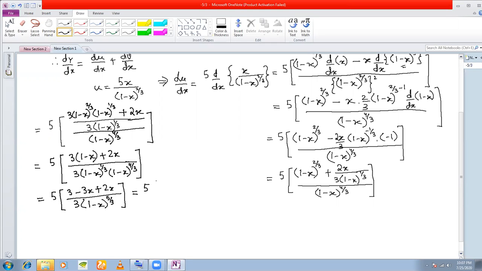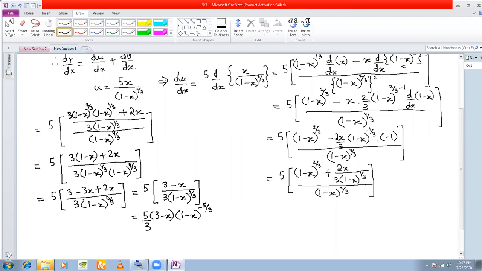5 times (3 minus x) divided by 3 (1 minus x) to the power of... let me do this step, then I will write. So this becomes 5 by 3, (3 minus x) into (1 minus x) to the power of minus 5 by 3.